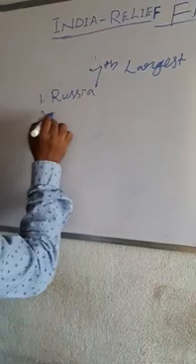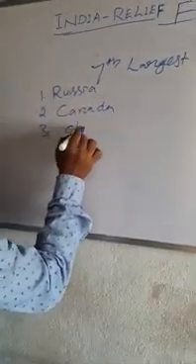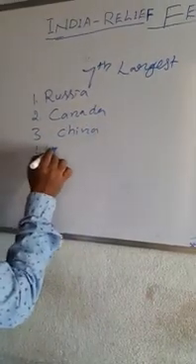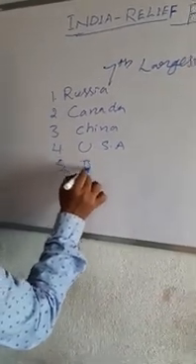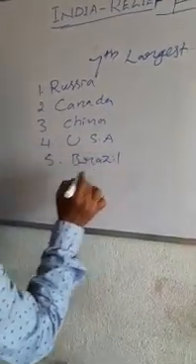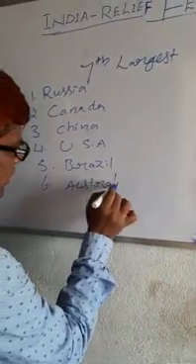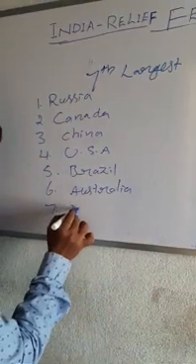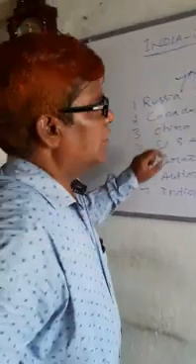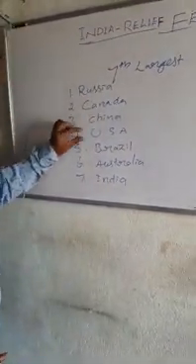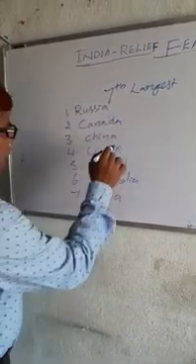Russia, Canada, China, USA, Brazil, Australia. The seventh one is India. Russia, Canada, China, USA, Brazil, Australia, India.